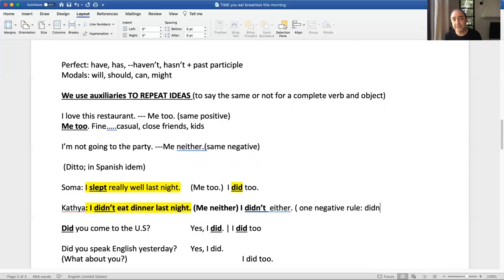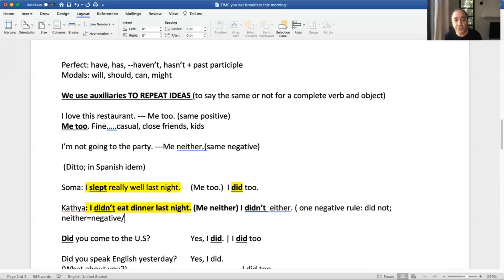And didn't is did not. So that's already one negative. So you can't have the neither, which is also a negative. So the neutral one is either. Not I didn't neither. That's double negative English, one negative.